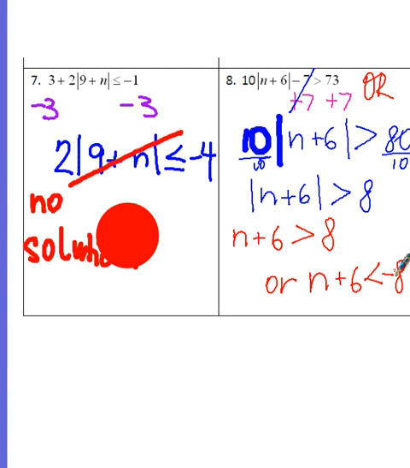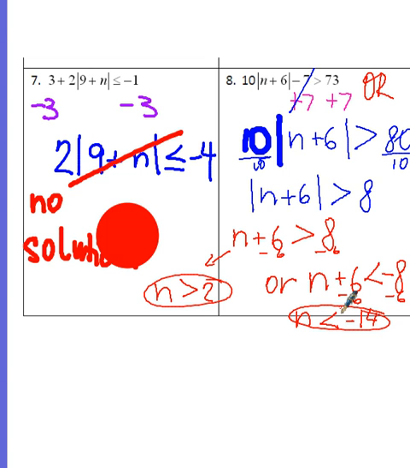And you have to solve these two problems. Here we subtract 6, which gives me n is greater than 2. Here we subtract 6 again, and we get n is less than -14.